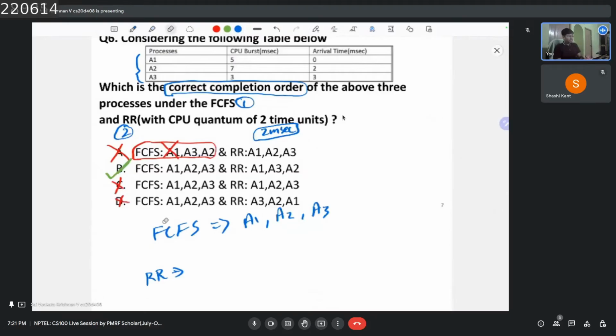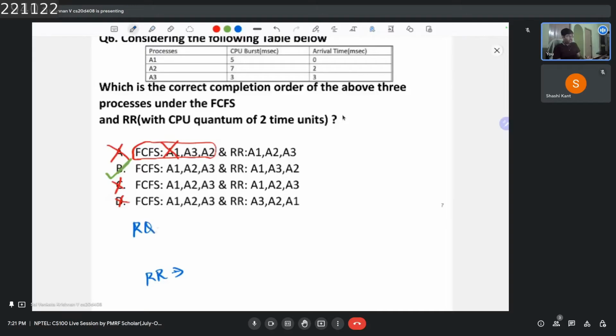this is the ready queue, which would be implemented. So first the arrival time A1 gets inserted, and now A1 gets scheduled onto the CPU for 2 time quantum units, and by the time A1 finishes, A2 would have arrived.